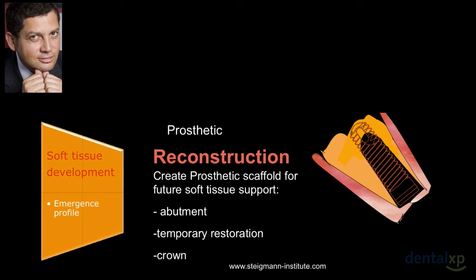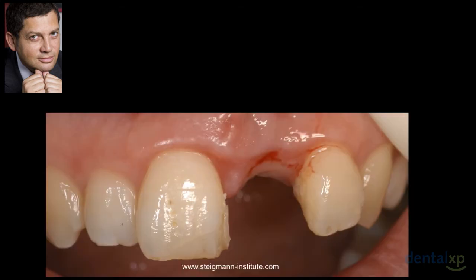Another option would be to place the final abutment with the temporary restoration when we have to create the prosthetic scaffold only on the most coronal aspect of the gingival margin, interproximally and buccally.